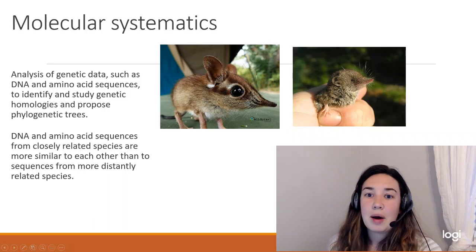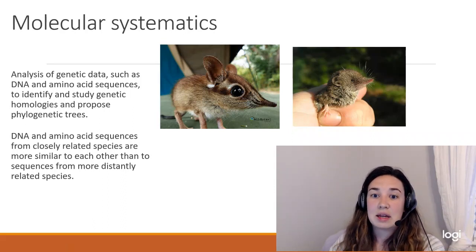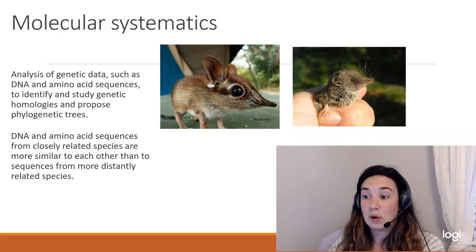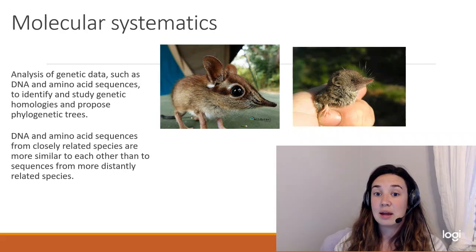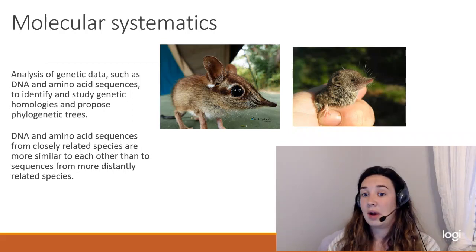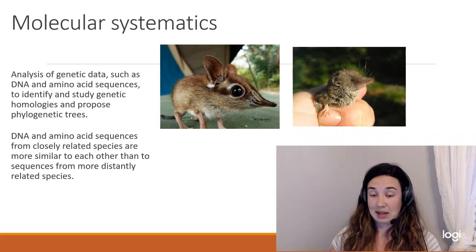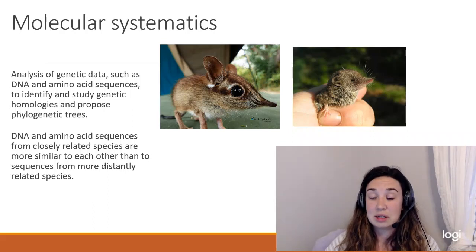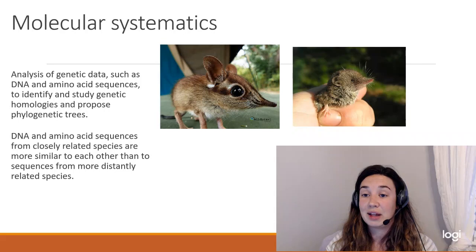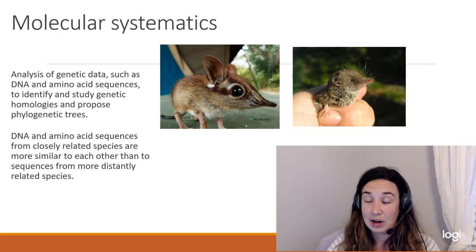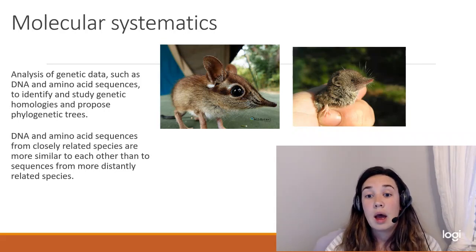When we talk about molecular systematics, this is when we're using genetic information to help us classify organisms. You analyze genetic data, such as DNA or amino acid sequences, to help identify and study those genetic homologies. This will help us create the most accurate phylogenetic tree.